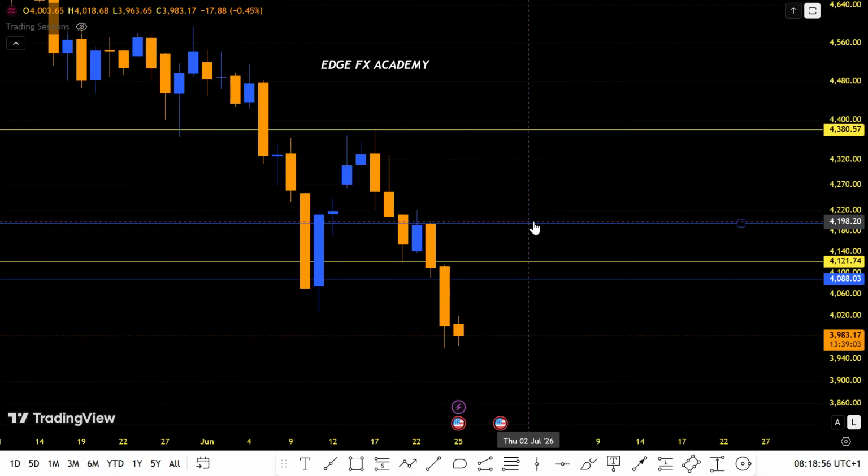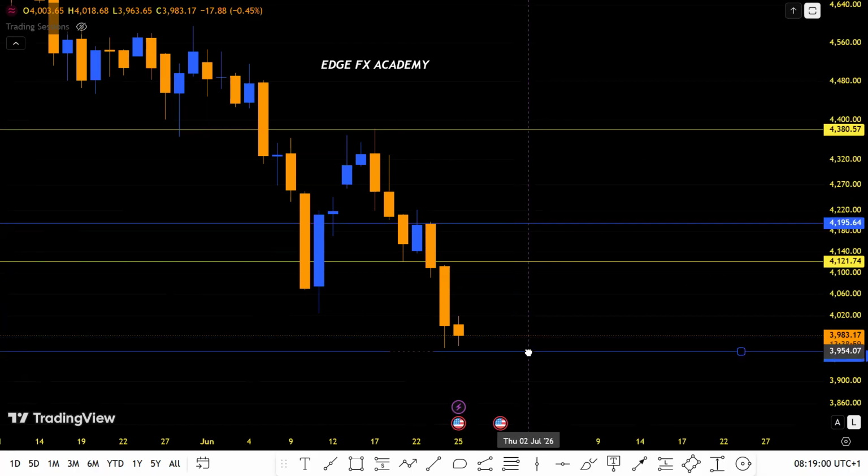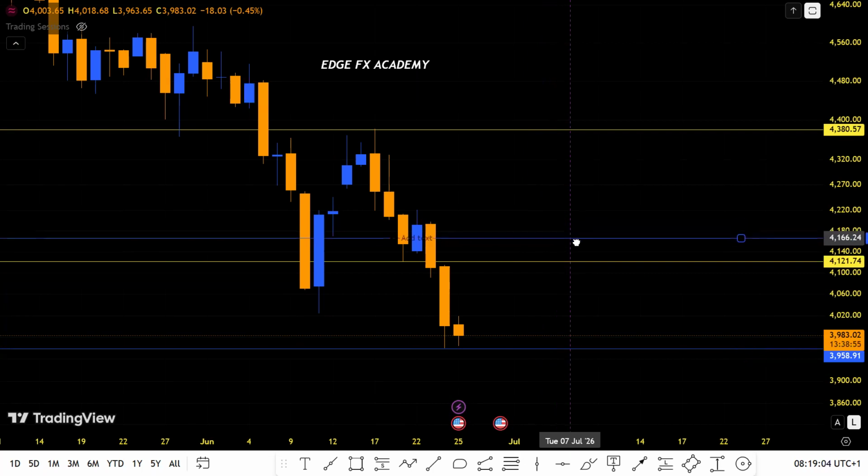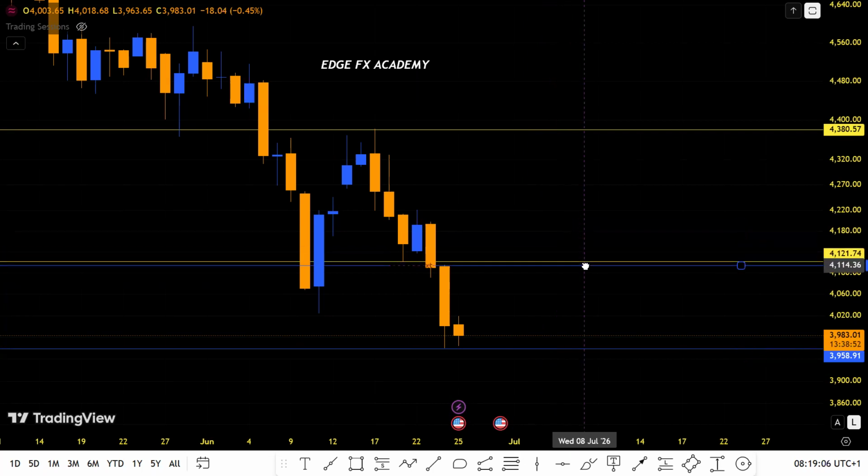This happened to be yesterday. This one. I just map out the high and the low of yesterday. I also want to map out the high and the low of 2 days ago.